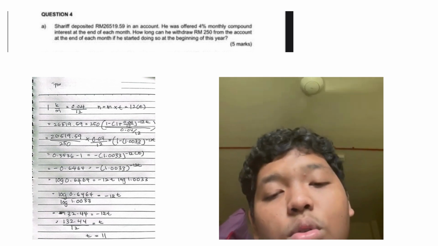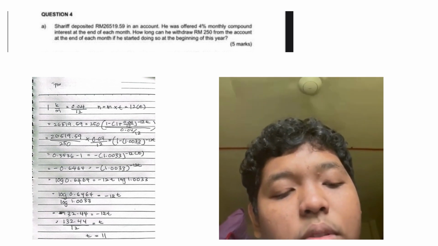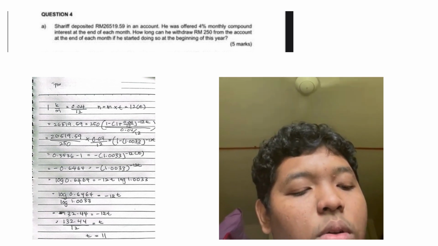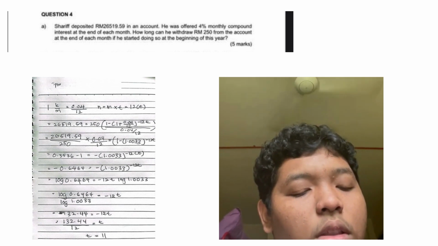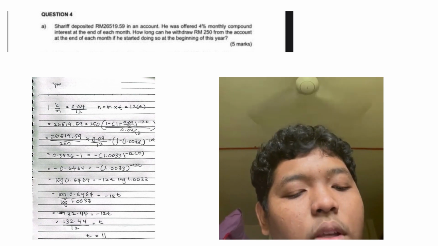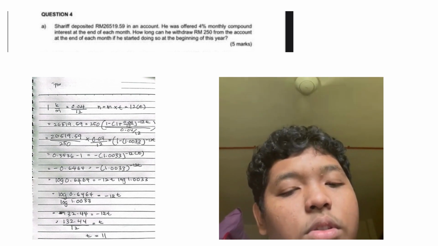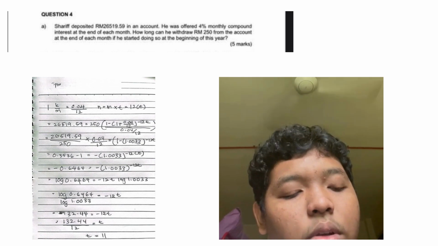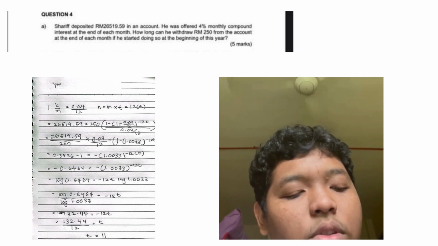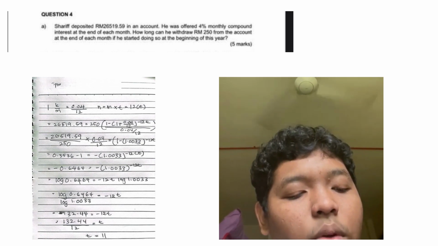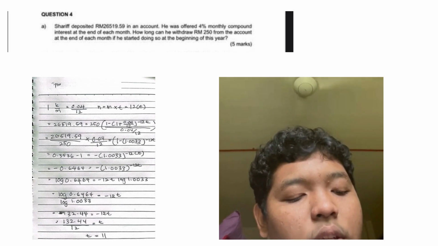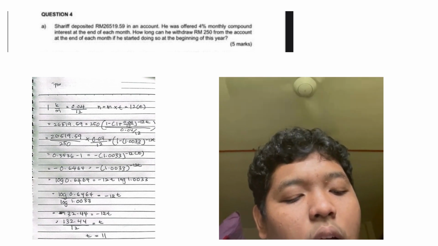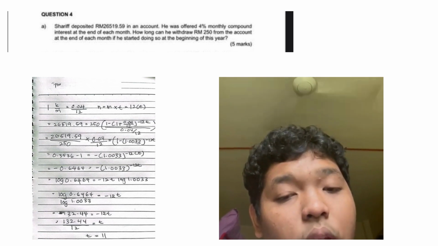Okay, so we are going to use log because we want to find the time, the period. So log 0.6464 equals negative 12t log 1.0033, and we are going to divide log 0.6464 by log 1.0033, which equals negative 12t, and the answer is 132.44, equal to negative 12t.